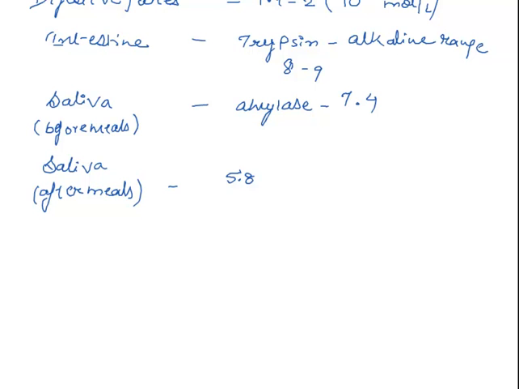Now this is the reason why, in your teeth, the teeth are made up of calcium phosphate. When the medium becomes acidic, the dentine starts dissolving out. It reacts with the acid and forms a compound.